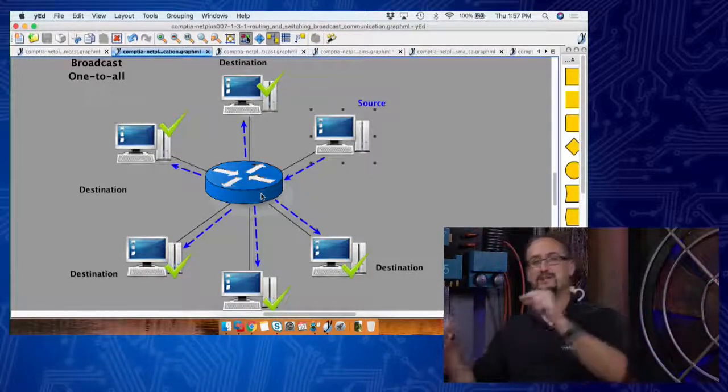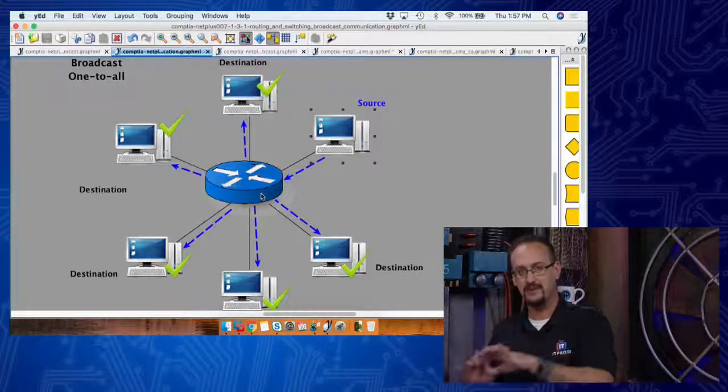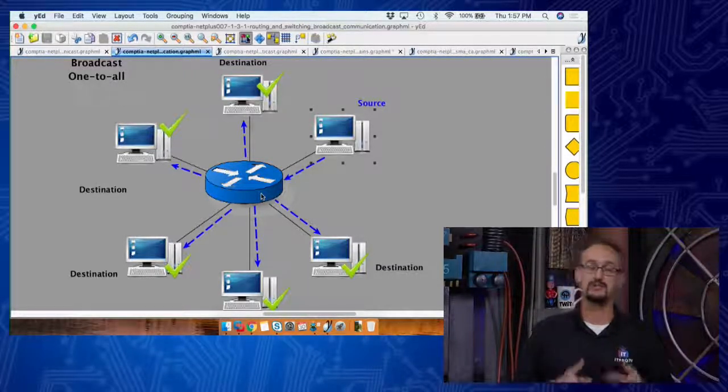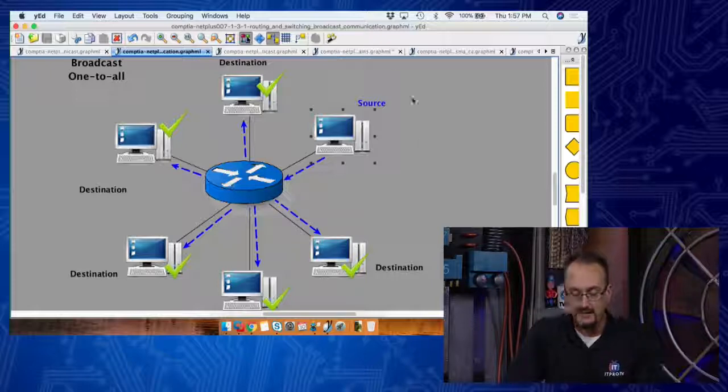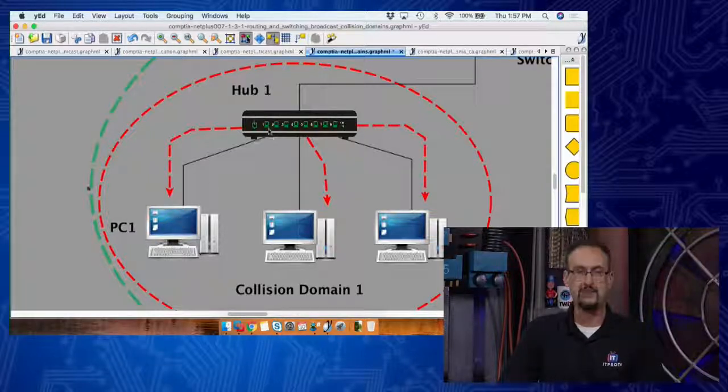That means every communication that goes into the hub is going to be broadcast. It means there's a potential for an electrical collision, especially when you have shared media. That is what's known as a collision domain. What it means is that if PC1 sends information into this hub, it's going to broadcast it out all other ports.